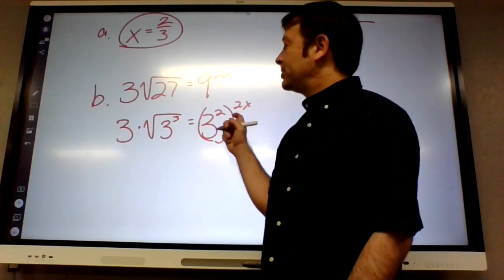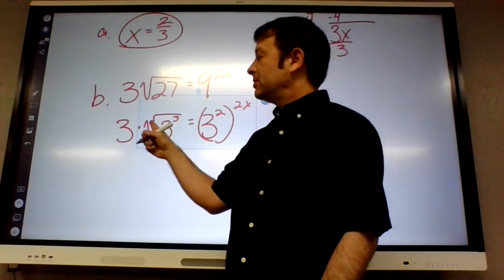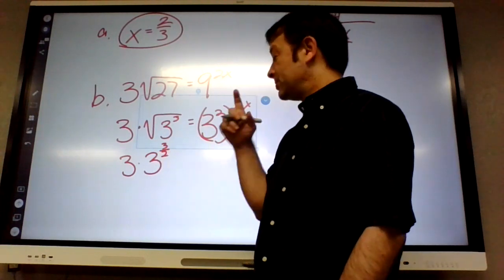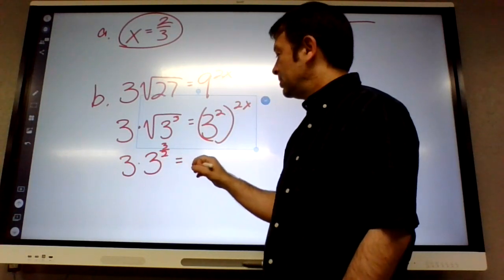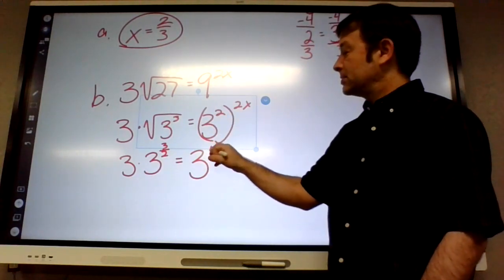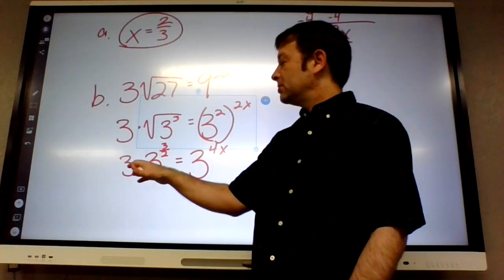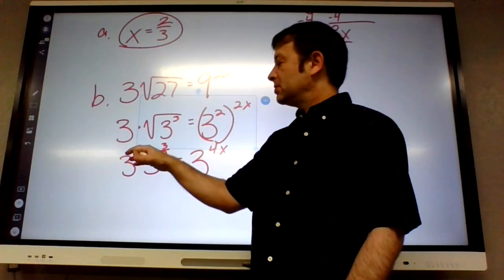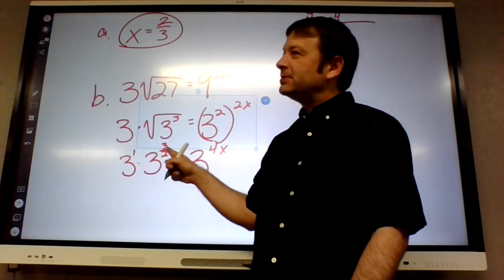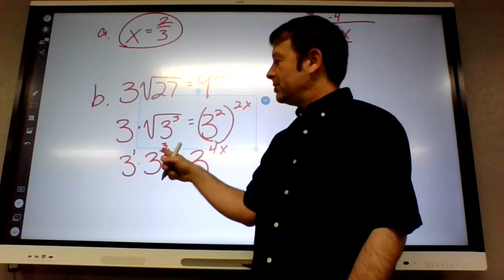Okay. Exponential form. This is 3 to the 3 halves. Exponential form is useful. And this would be 3 to the 4x. How do I combine these two guys? 3 times 3, we're adding. 4 over 2 is 2.